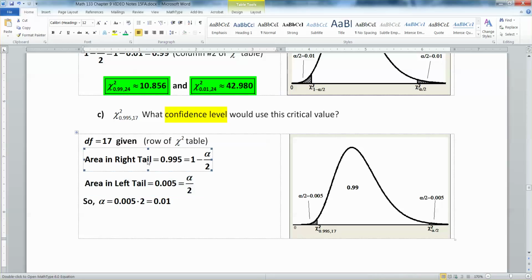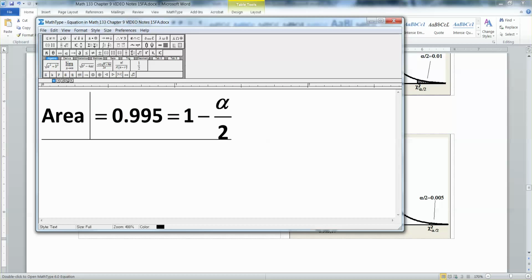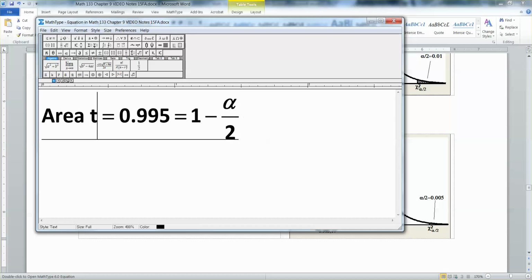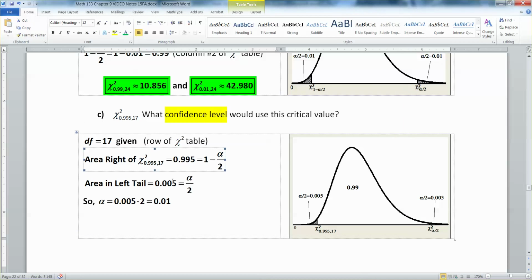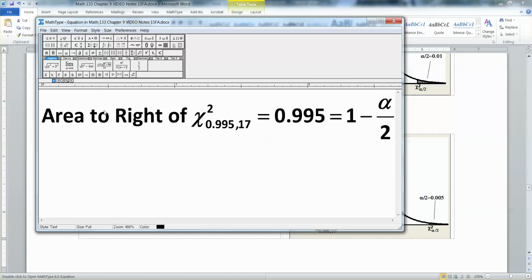I guess I don't have to call it the area in the right tail. It's the area to the right of the critical value. There. It's the area to the right of that chi-square critical value that we're trying to find.